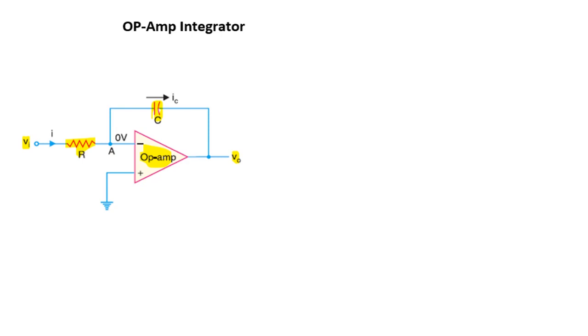We know we will have a virtual ground here, and the input impedance of the op-amp is infinite. So the current I will be equal to the current IC, as there will be zero current into the input of the op-amp. So we can write I is equal to IC.